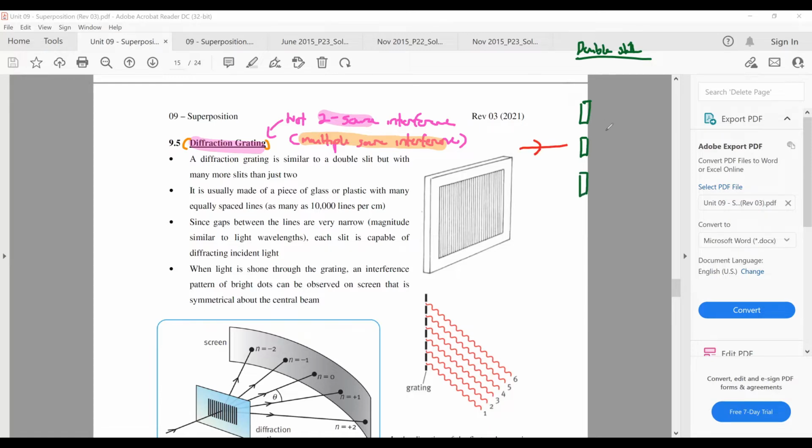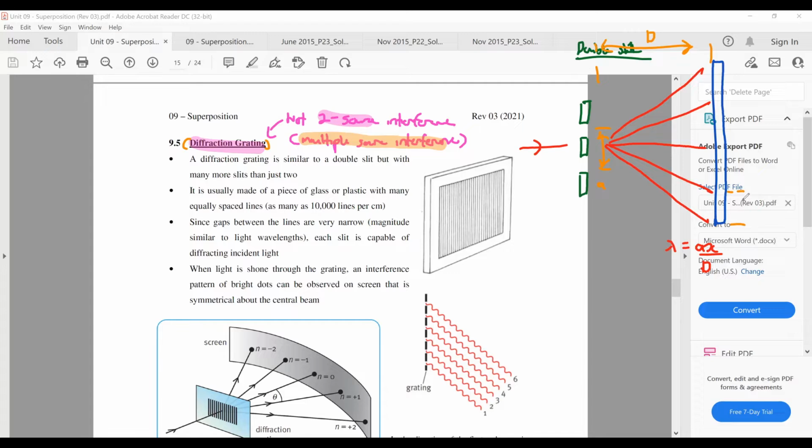You shine light through the double slit, and then on a screen that you place far off behind, you're going to get a pattern of bright and dark fringes, or a pattern of maxima and minima. So this is what you see. And then the equation you use was lambda equals ax divided by d, where this one is a, this one is d, and this one is actually x.